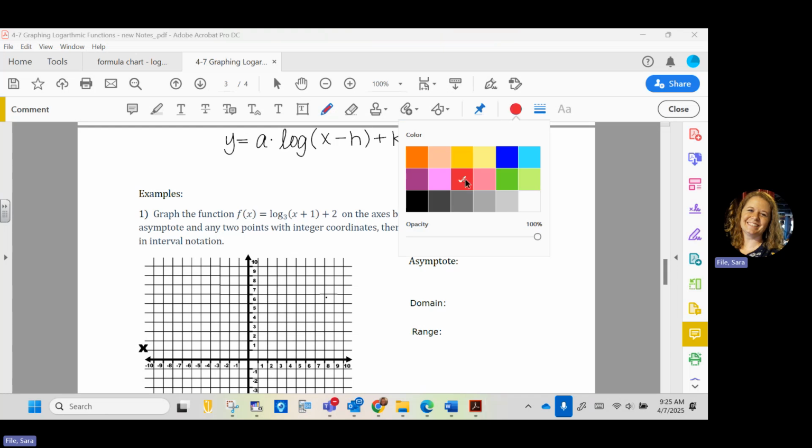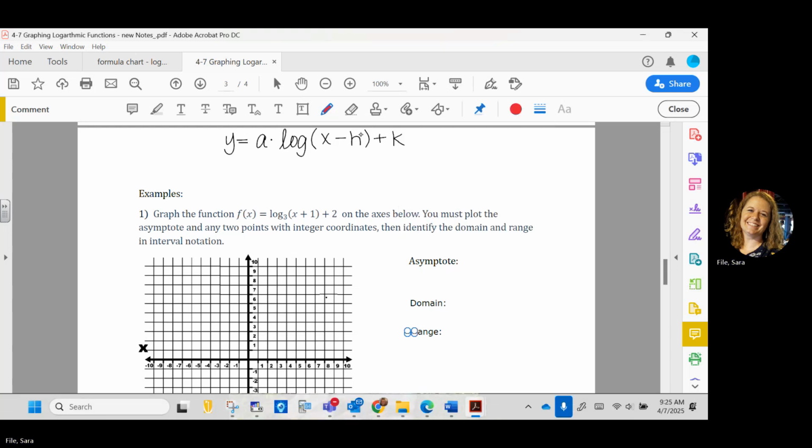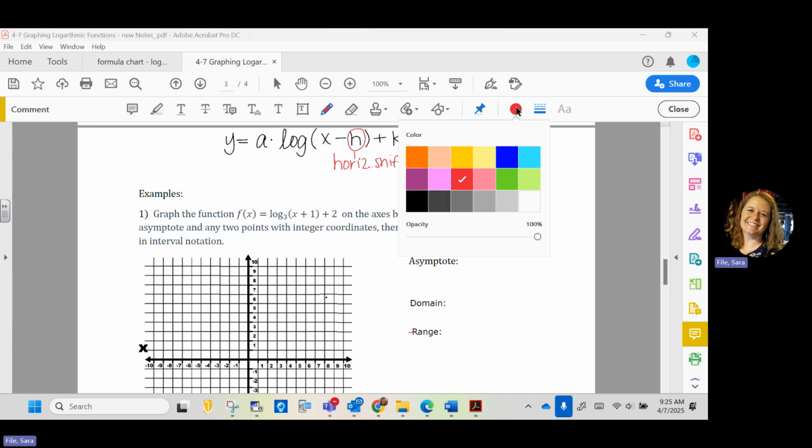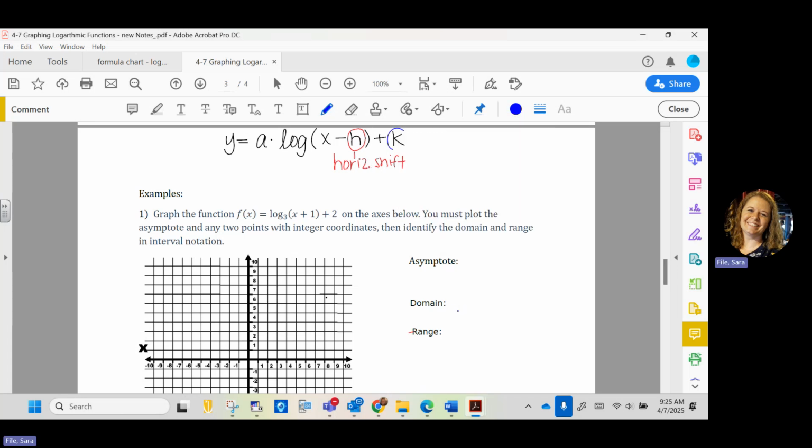Okay, but the h value is what is subtracted on the inside, remember? Okay, that tells us our horizontal shift. Okay, the k value is what's added on the outside. That is your vertical shift.